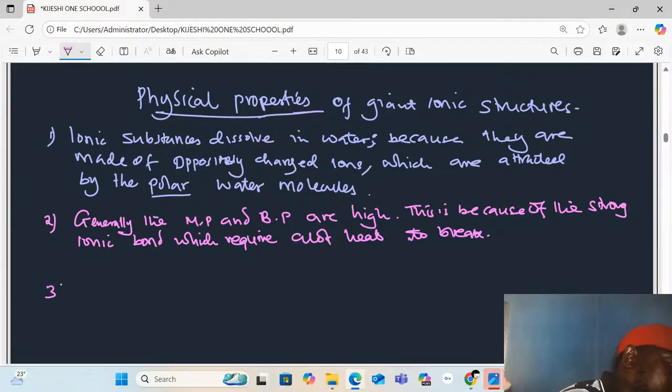We have number three on electrical conductivity, where we have said that in solid form they do not conduct electrical current, but in molten or aqueous states they can conduct current.